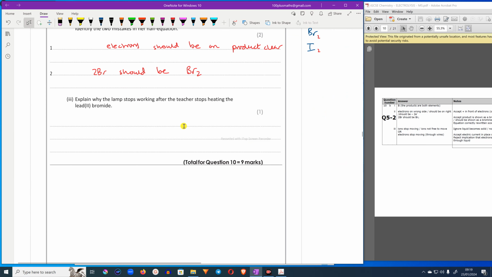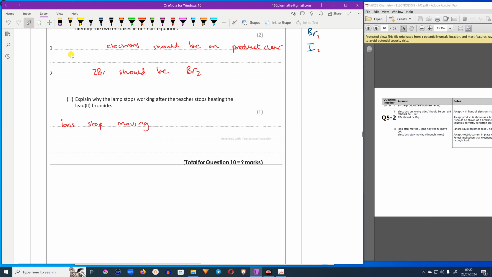So we need to write that down. We can write the ions stop moving, so there's nothing to carry the charge, yeah? I think that's probably the most realistic way.